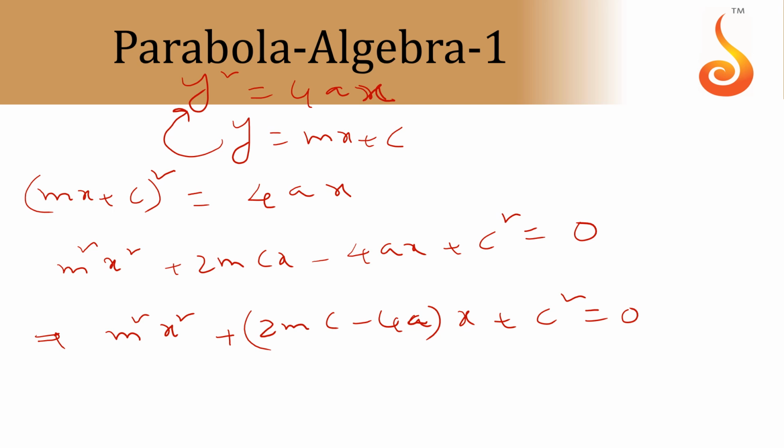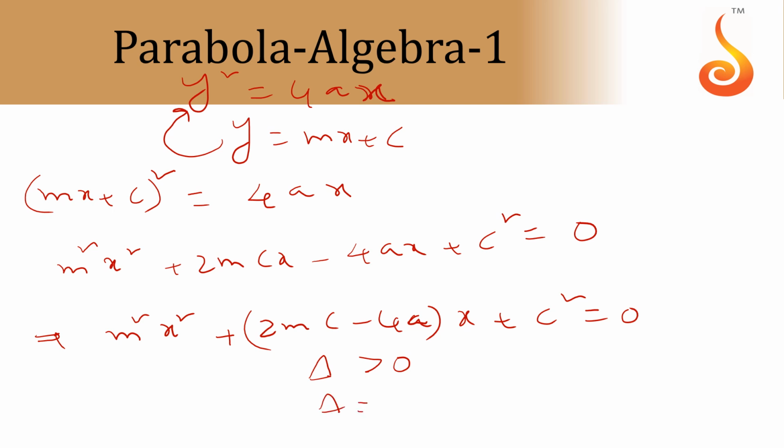So you got a quadratic in x. What does it tell you? The line y equal to mx plus c can cut the parabola y square equal to 4ax in a maximum of 2 points. To determine it, you know that the discriminant of this quadratic equation will help you. If discriminant is greater than 0, the line meets the parabola in two real and distinct points.